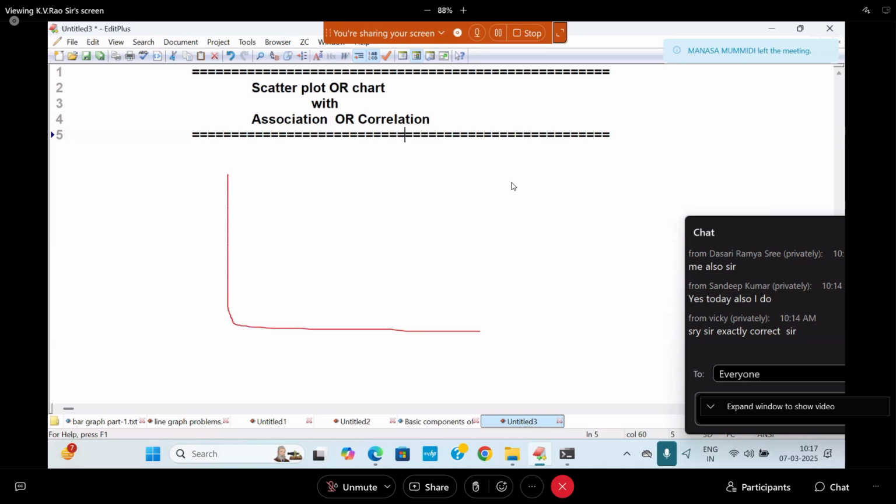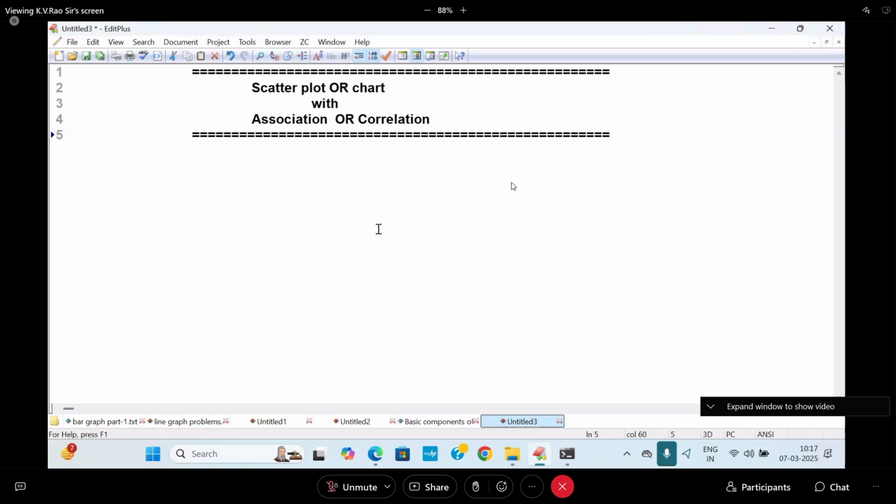Next, you purchased land which is not increasing, not decreasing along with the market trend. That is called what? Zero correlation. There is no dependency on the market. It remains stagnant. Zero correlation means association is not established.